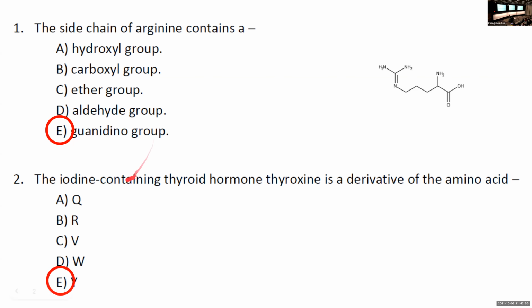Second one is tyrosine, basically. And again, you need to know both the 3-letter codes and the 1-letter codes for the amino acids. It's pretty simple. I mean, basically asking quite similar things.